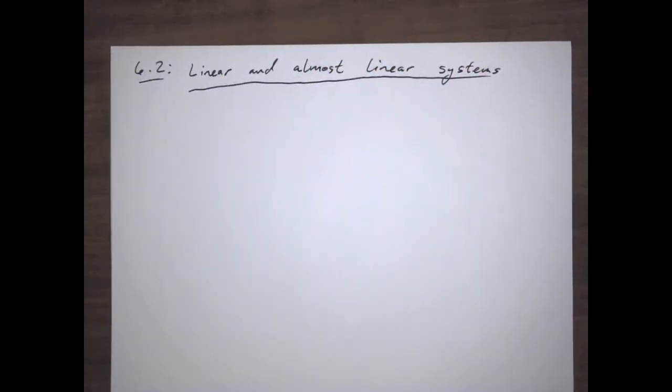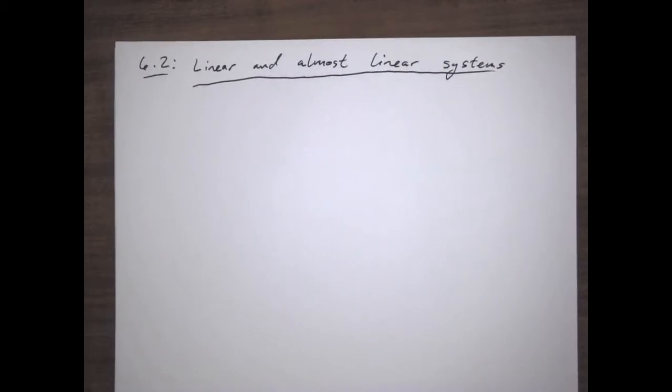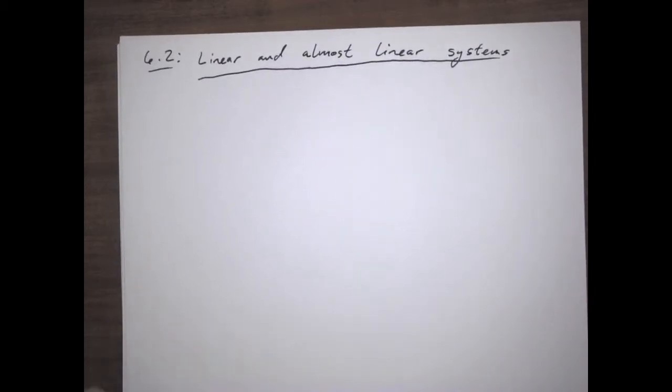Alright, so this is building on what we were talking about before by way of classifying what happens when we investigate the origin in a linear system of differential equations.